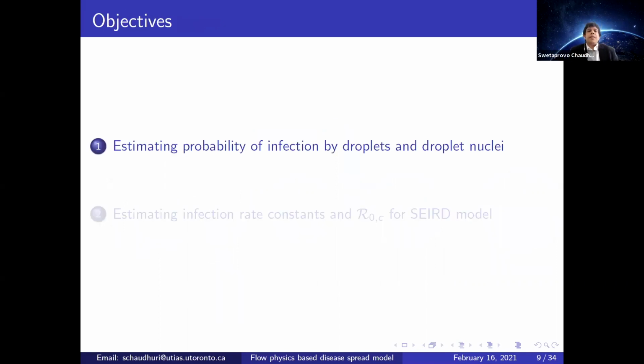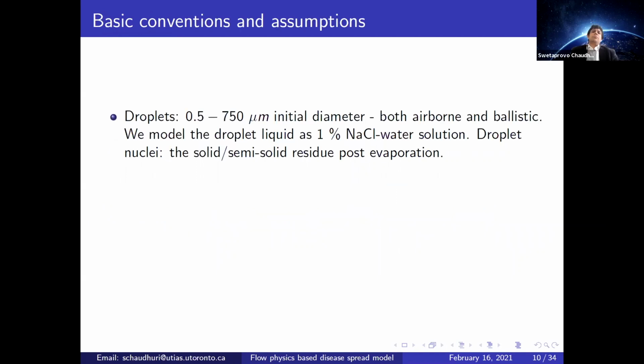So first, this whole exercise will focus on estimating the probability of infection by droplets and droplet nuclei. Now, it is to be recognized that the convention we adopt is that at the moment of ejection, everything is in the form of droplets. These droplets contain water, salt, protein, surfactants, and of course the virus. At the moment of ejection, they can range anywhere between 0.5 microns to 750 microns initial diameter.